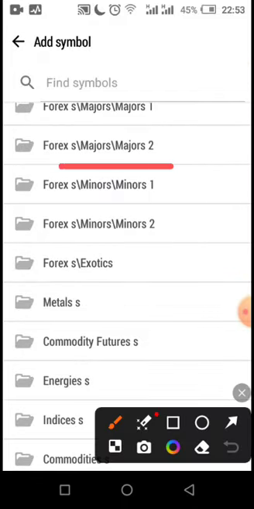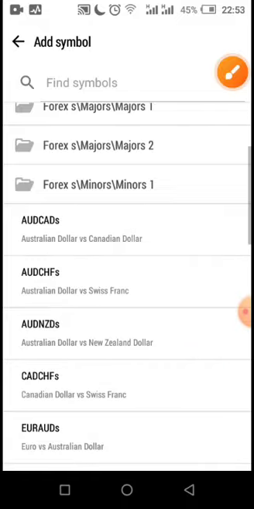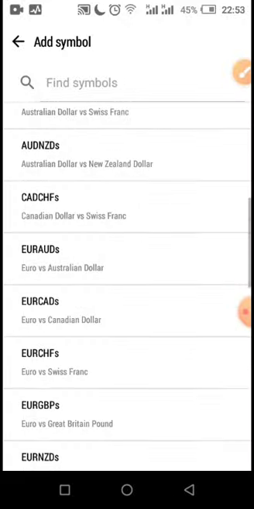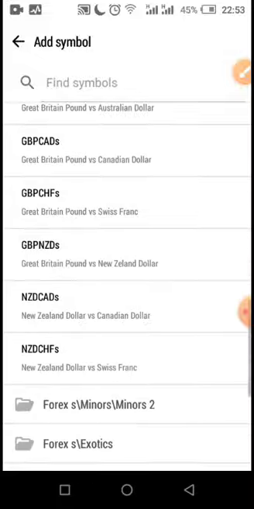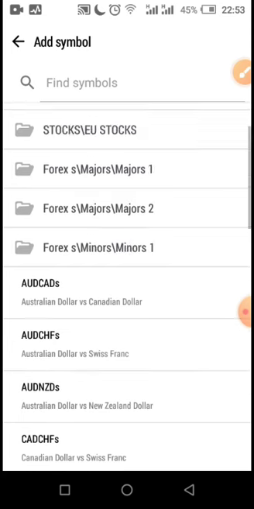Then now, the group of minor currency pairs are currencies which are not traded against the US dollar, where it will be currencies of other countries traded against other countries. So minor currency pairs will have less liquidity and volume than major currency pairs.